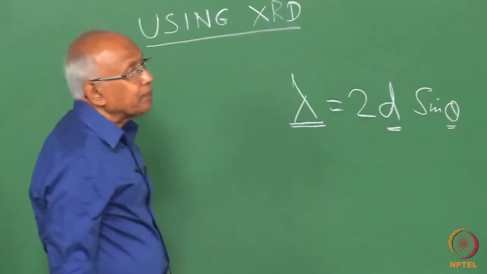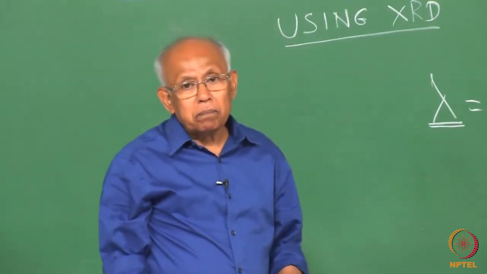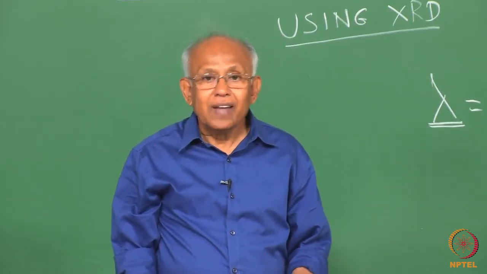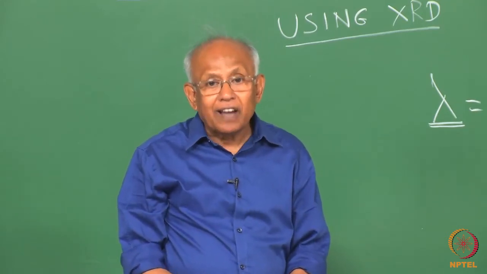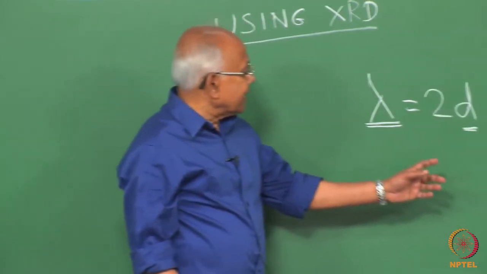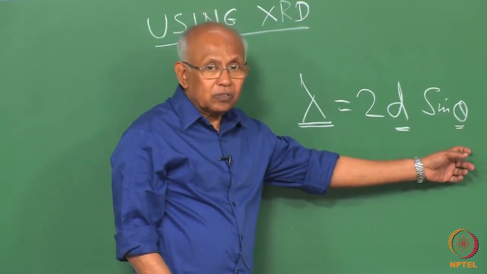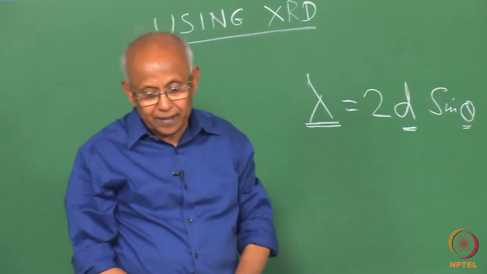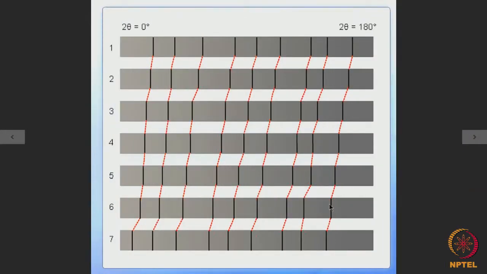So, due to the addition of component B in A, where B atom size is higher than the A atom size, the lattice parameter and the d values of the lines will increase, as a result of which they will shift to lower and lower theta values, and this is what we observe in the diffraction patterns.